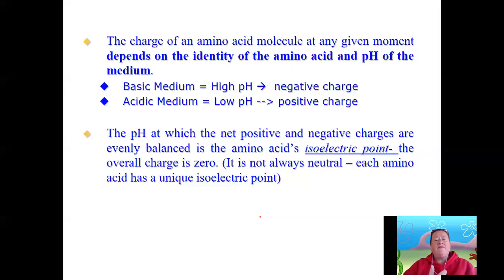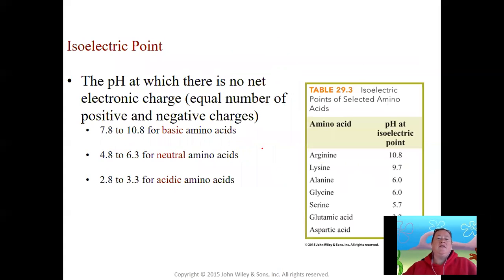So every single amino acid has a pH at which the net positive and the net negative charges are evenly balanced, and that is called its isoelectric point. It's not always neutral. Each acid has a unique isoelectric point, and here is an example.